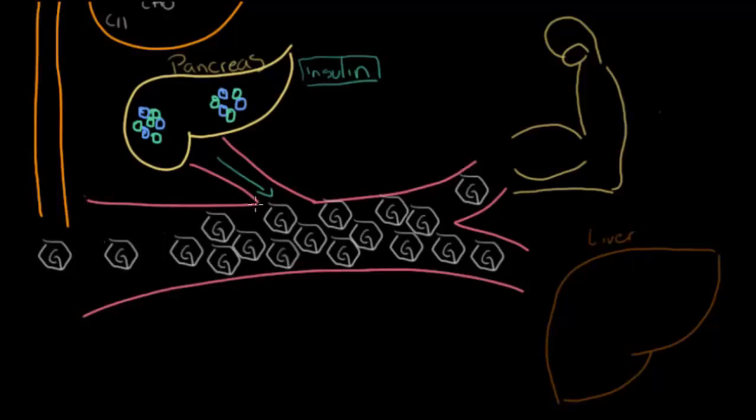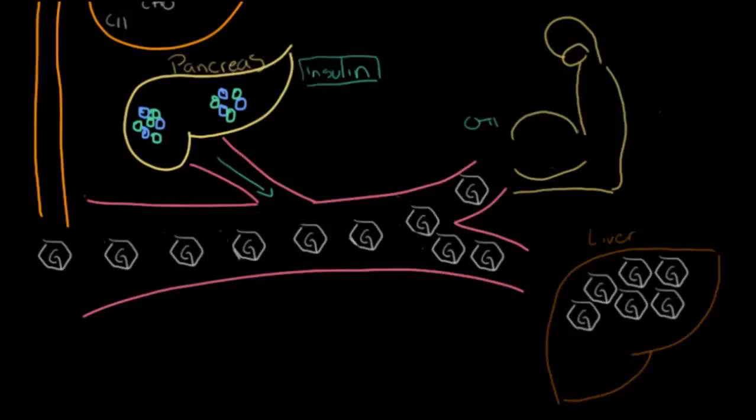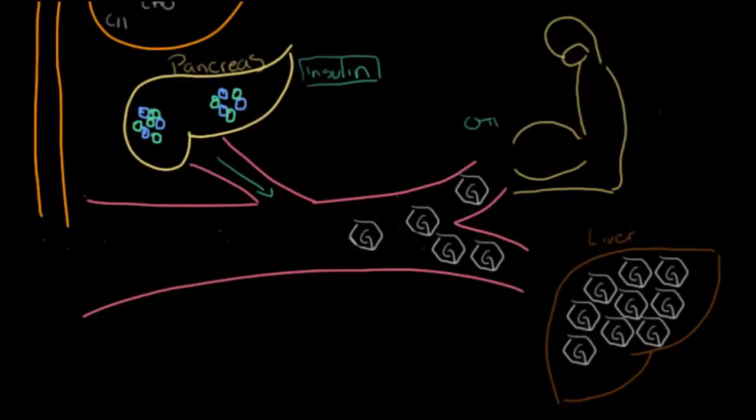And when the pancreas releases this insulin, it kind of acts like a key that unlocks the cells of the body, such as the muscle cells and the liver, allowing the glucose to enter the cells. So in the case of the muscle cells, those cells can now start to do work, and then in the case of the liver, the glucose can be stored.